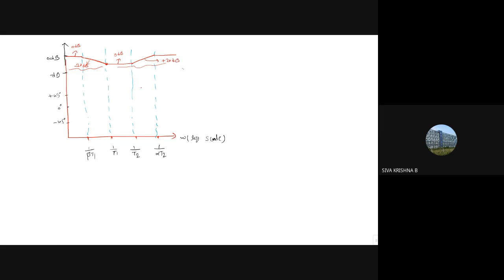Right? So if you draw the phase, it starts from 0, decreases up to somewhere, then increases.